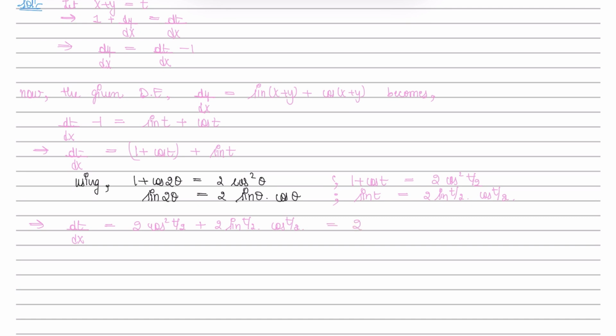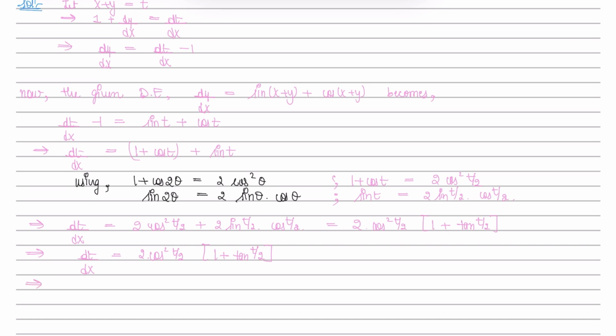Taking 2 times cos square t by 2 common, it becomes 1 plus tan t by 2. Now, rewriting it, dt by dx is equals to 2 times cos square t by 2 into 1 plus tan t by 2. Now, this equation has been reduced to the variable separable form.